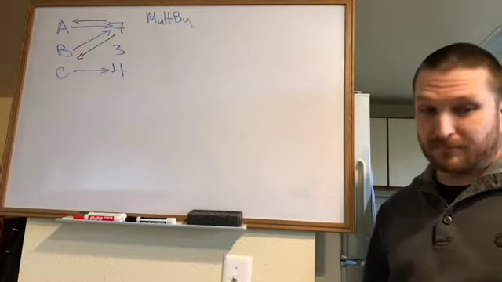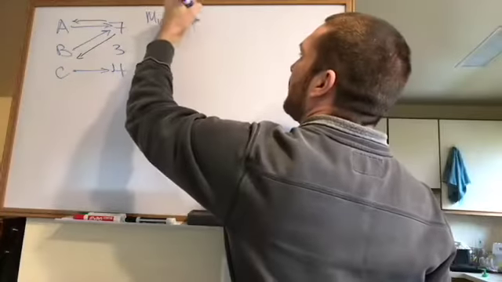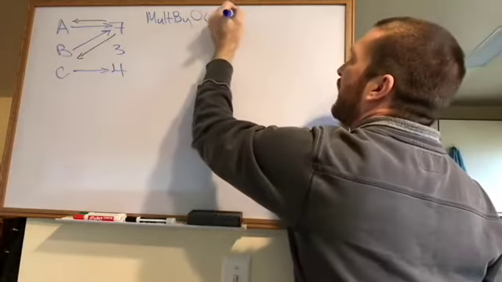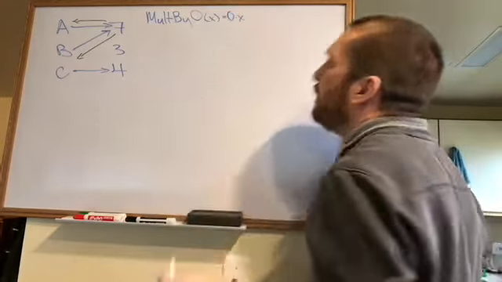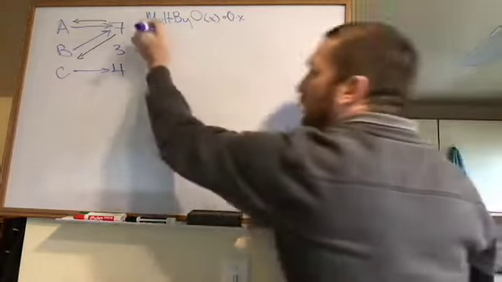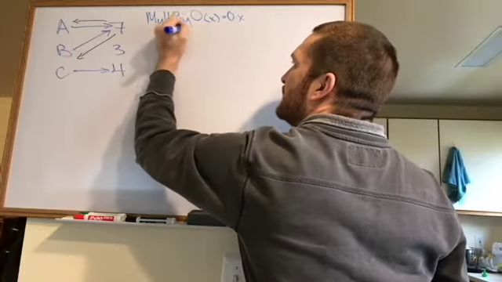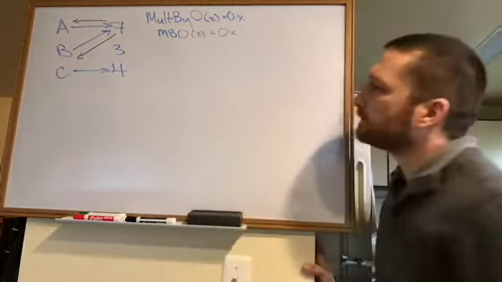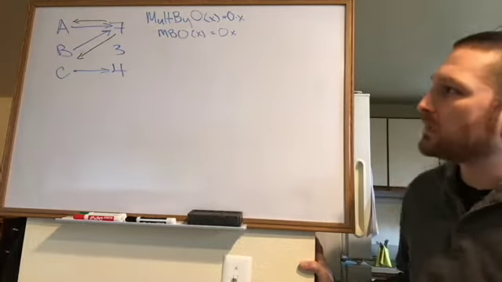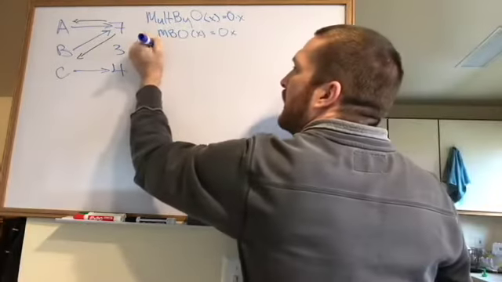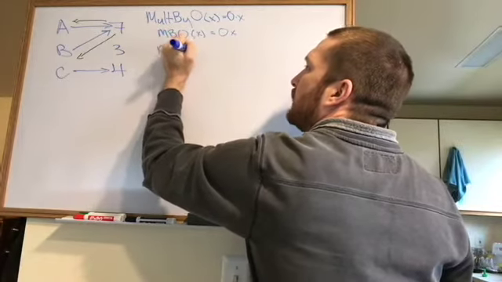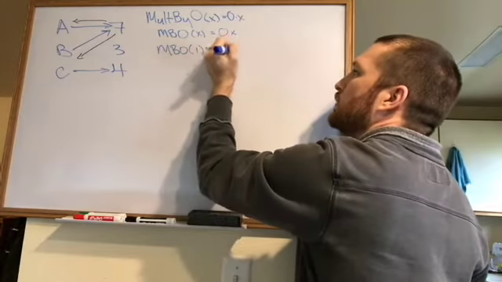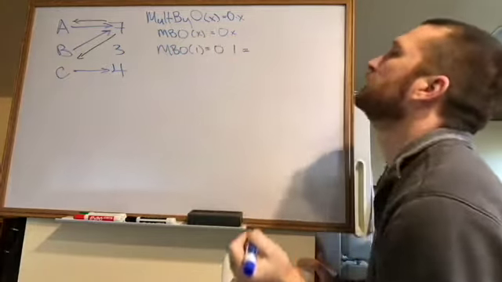So let's make a new function. Multiply by 0 of x is you take any number x and you multiply it by 0. I'm going to abbreviate it MB0 of x equals 0 times x. Now let's put in a couple values. Multiply by 0 of 1 means I take 0 times 1, and what do I get? 0.